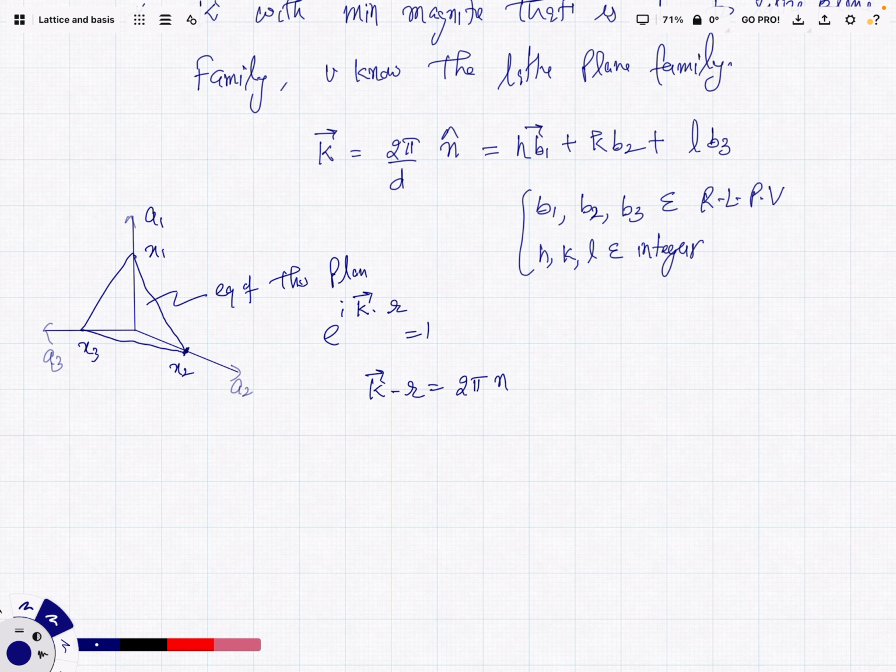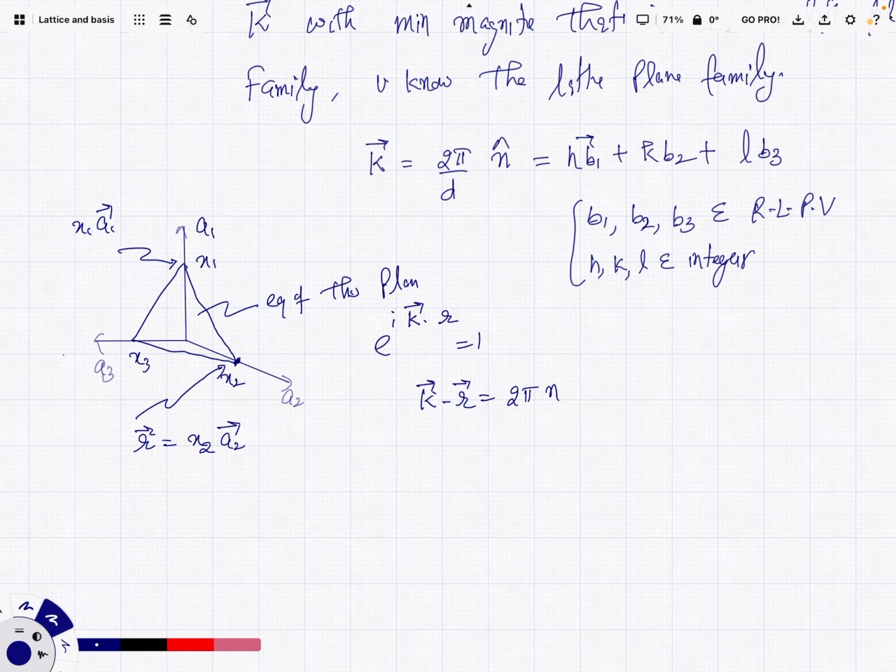What is R at this point? It is x1 into A1 vector. At this point it is x2 into A2, and at this one x3 into A3 vector. x1, x2 and x3 are the intercepts.